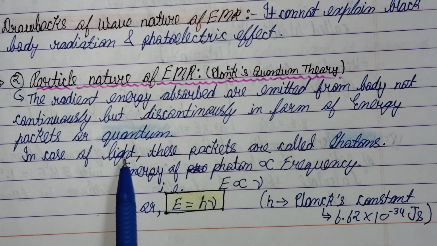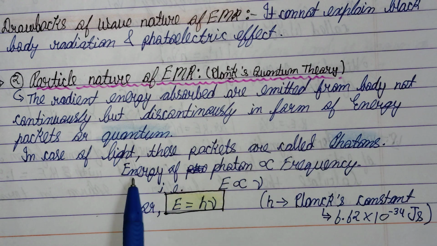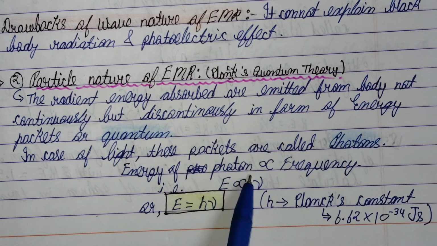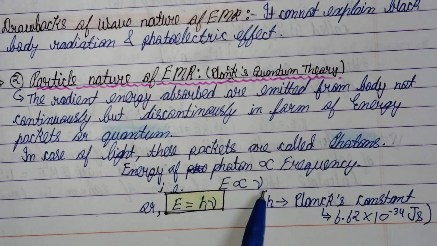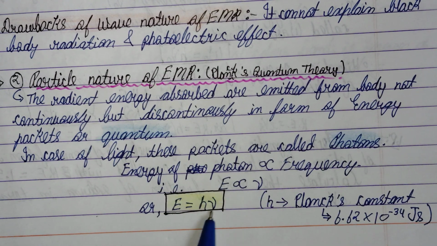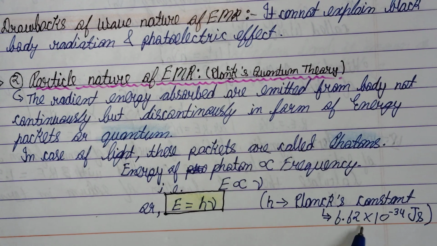In case of light, these packets are called photons. Energy of photons is directly proportional to frequency. That means E is directly proportional to nu. So E equal to h nu. h is Planck constant. Planck constant's value is 6.62 into 10 to the power minus 34 joule second.